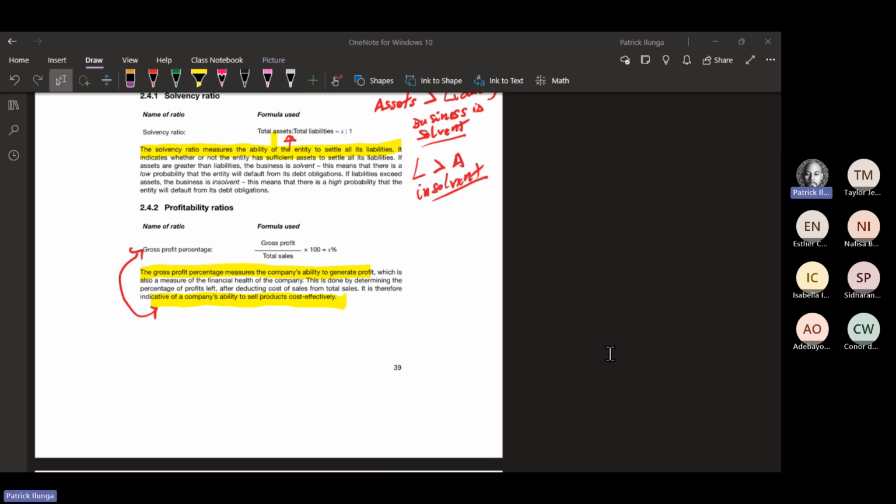That's what it's saying. This formula means the profit that you get from total sales minus cost of sales, what percentage of the total sales is it? I think that's the best way I can put it, right?